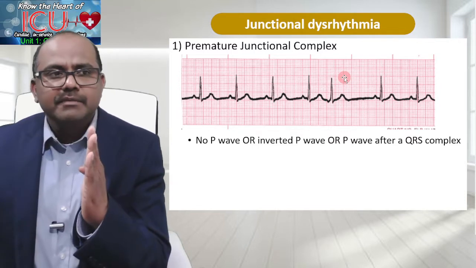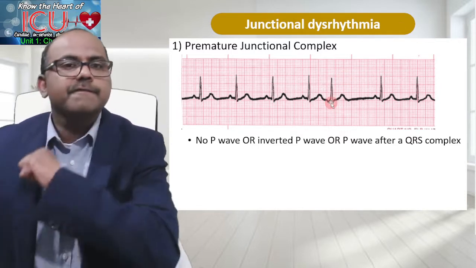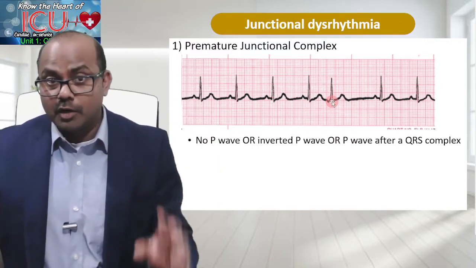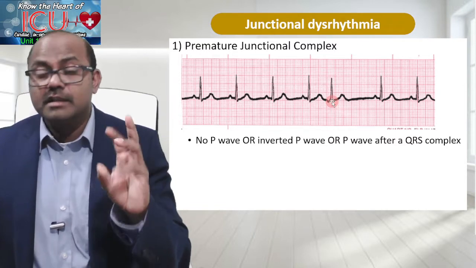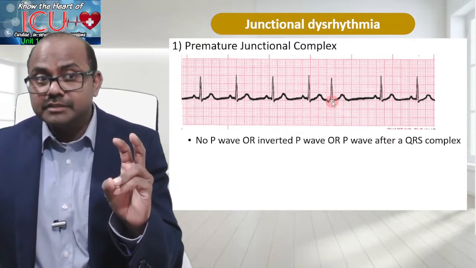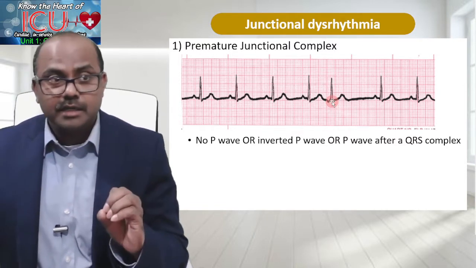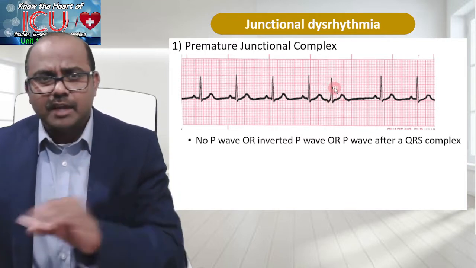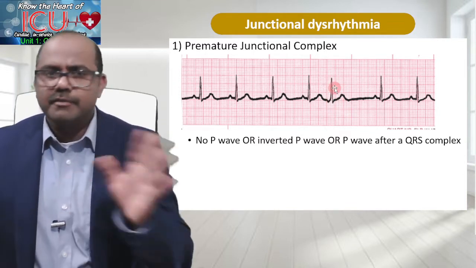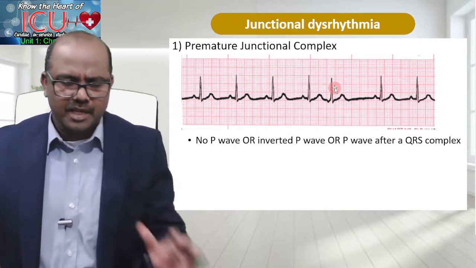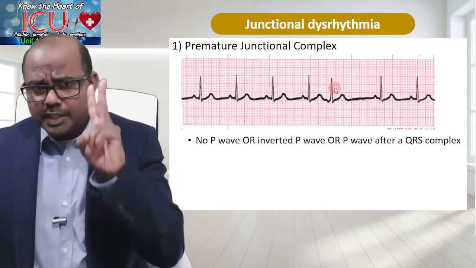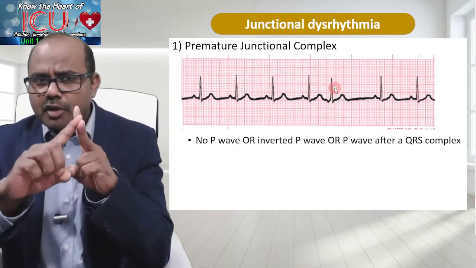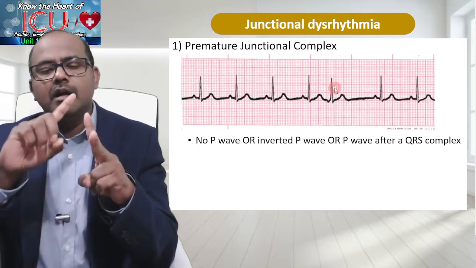Before the normal P wave, some part of the heart fired an impulse. We don't know if it is from atria, from junction, or from ventricle. But that QRS complex is narrow, so ventricle is out of the question. It's not from the ventricle, because a ventricular complex is bizarre and wide. So only two questions remain: is this premature complex from atria or junction?